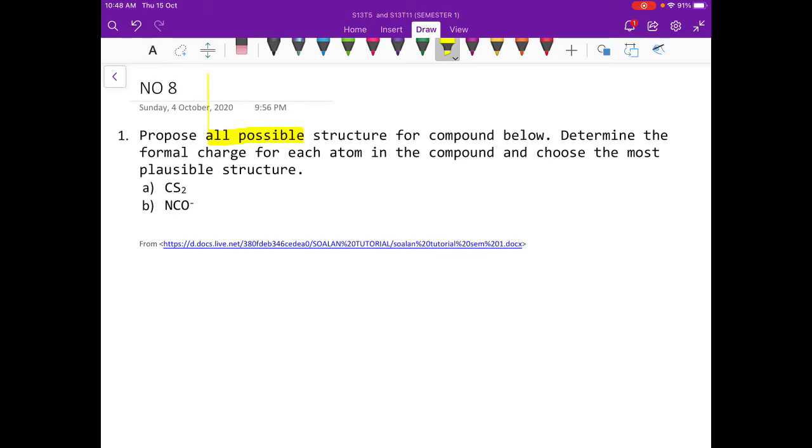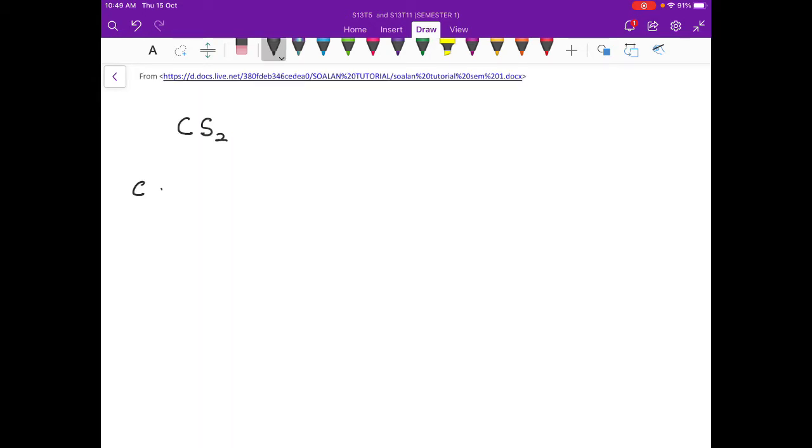Alright. So first, let's look at this first compound, which is carbon disulfide, CS2. Carbon consists of 4 electrons, and 2 sulfur, 6 times 2 becomes 12 electrons. How do I get 12? Because sulfur has 6 electrons, times 2. So carbon will become the central atom and 2 sulfur will become the terminal atoms.